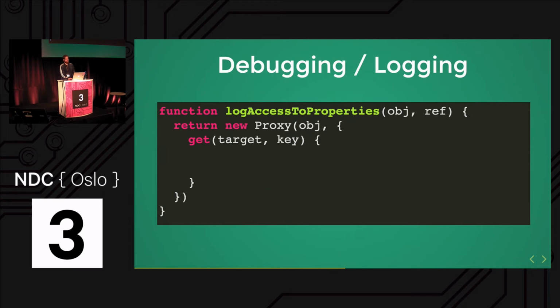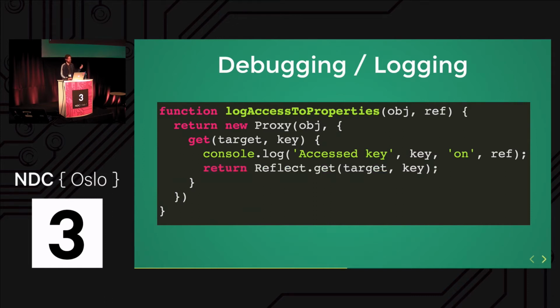And whenever you try to get something from that proxy, we could log out that you've tried to access a certain key, and then we could pass a second argument here if you wanted to have some kind of string reference so that you can know which object was accessed.